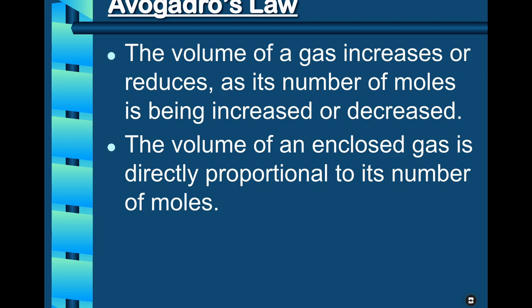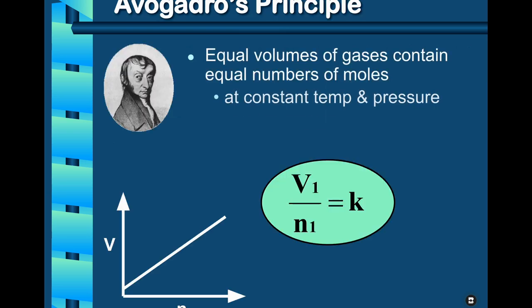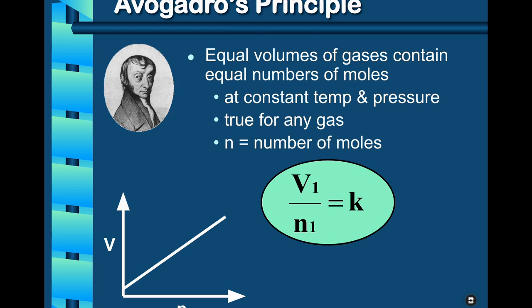And what he found was that the volume of a gas increases or reduces as the number of moles are being increased or decreased. And what he found was this was directly proportional, which I think makes perfect sense. You have more gas, it's going to take up more space. So what he discovered was that equal volumes of gases contained equal number of moles.